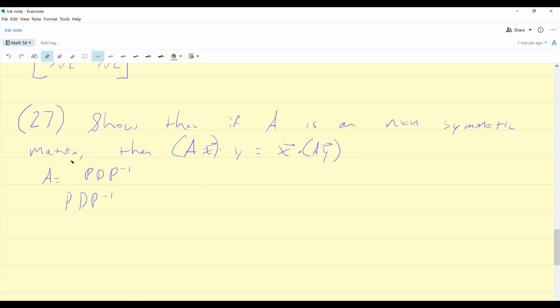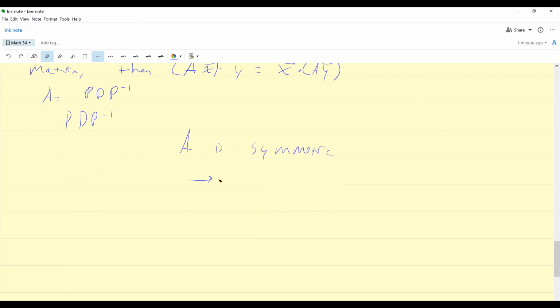Yeah, so the big theorem of this chapter is that if A is symmetric, you get essentially a bunch of free properties all at once. Let me make sure I don't skip any of them. You have symmetric and n by n.